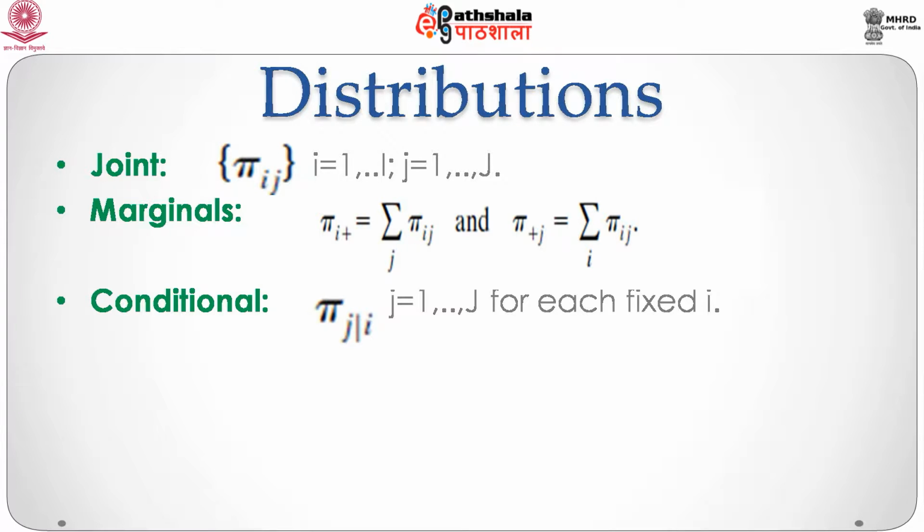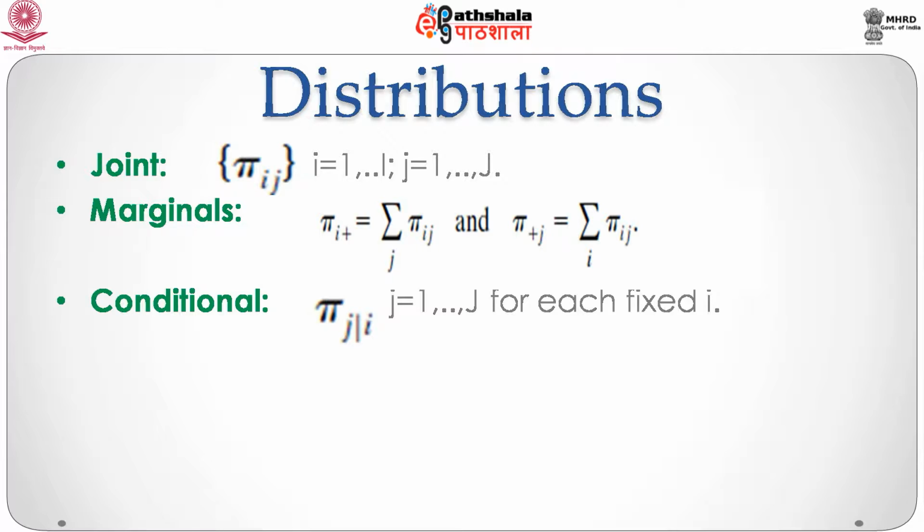So pi i plus is summation over j pi ij for i equal to 1 to I, and pi plus j is summation over i pi ij, j equal to 1 to capital J. So we have two sets of marginal distributions corresponding to either the rows or the columns.